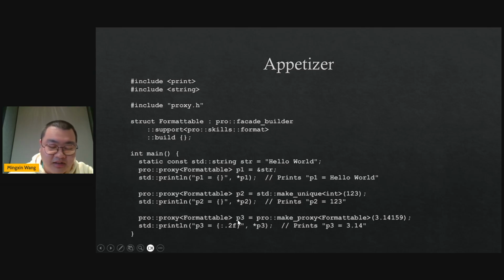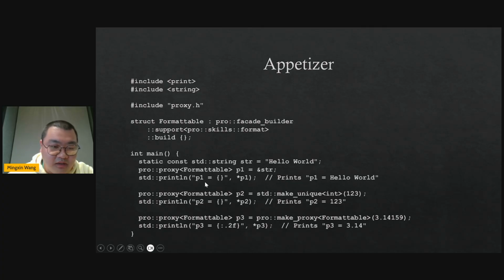For P3, the underlying type is the return value of make proxy. Actually, the small buffer optimization automatically happens behind the scenes because the double is small enough to fit in the buffer. So basically, we define three variables, and we can use them as the same type proxy.